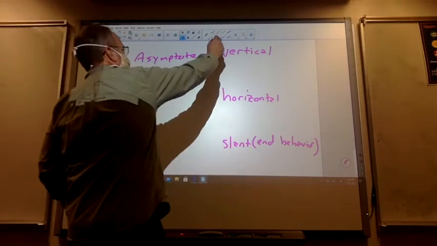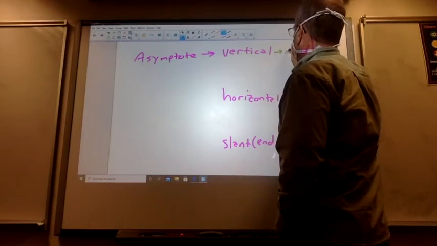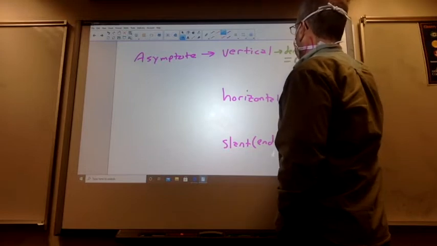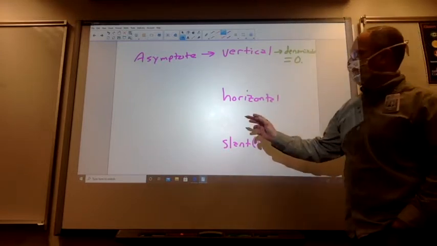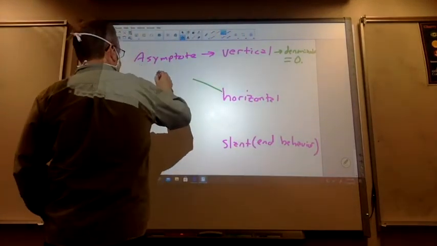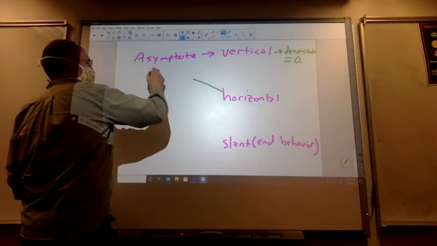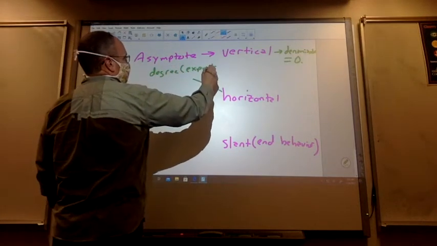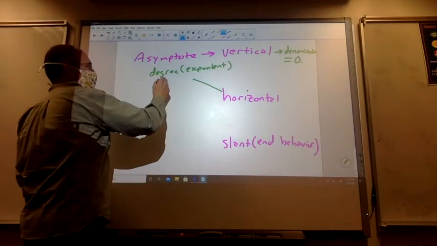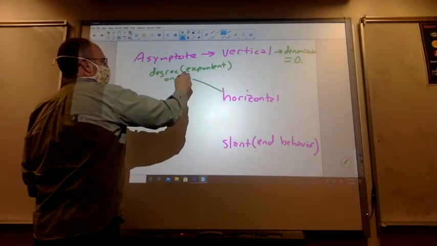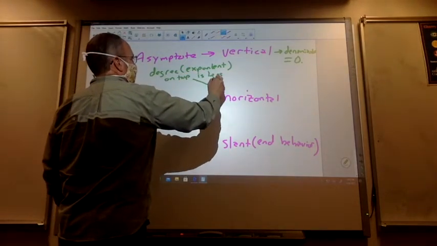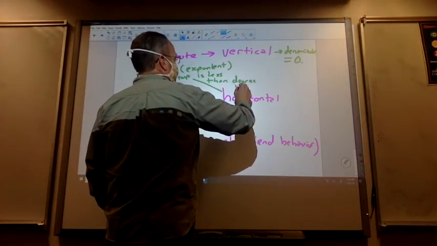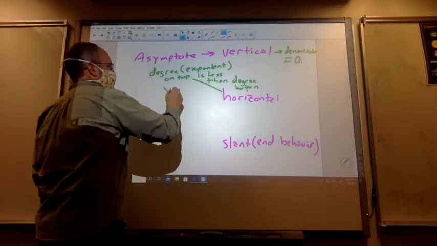The vertical asymptotes take place when your denominator equals 0. Your horizontal asymptotes take place in two different scenarios. If the degree, which is the exponent, on top is less than the degree on bottom, you get y equals 0 as your horizontal asymptote.